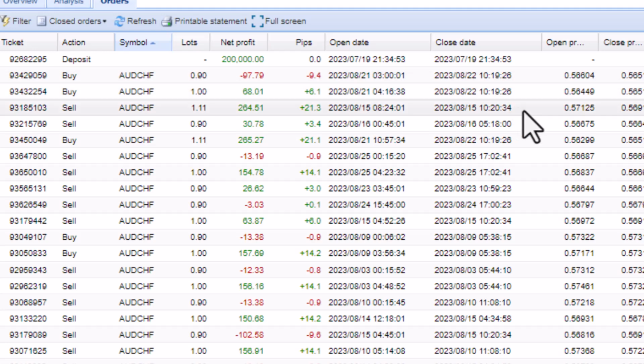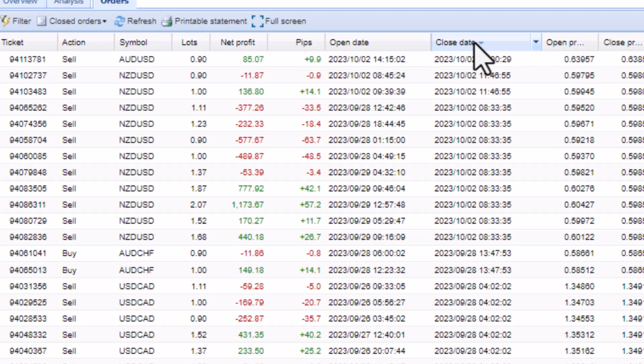Now let me see if I can make this easier by sorting it by close dates. All right, now we're getting better. Okay, so here are some baskets of trades that close together. There's a very big basket, and there's another one, and another one. So we've got plenty of baskets here.